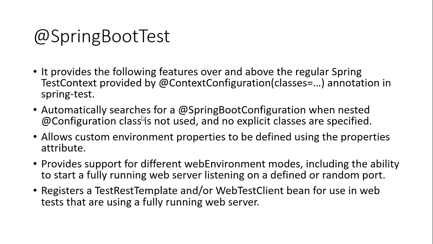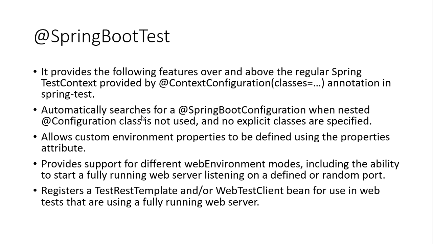After that, it allows custom environment properties to be defined using the properties attribute. So if you want to point to some custom environment properties, you can maintain your own properties file and point to it. That provision is also there.